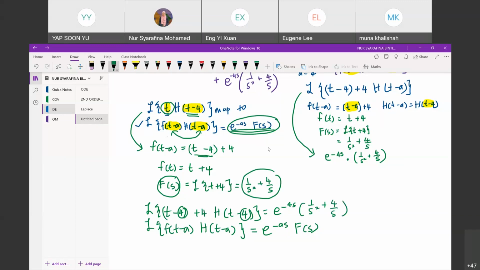Clear now? Yes, clear now. Okay, so anyone has more question for this part? Any more question? Everyone's clear?